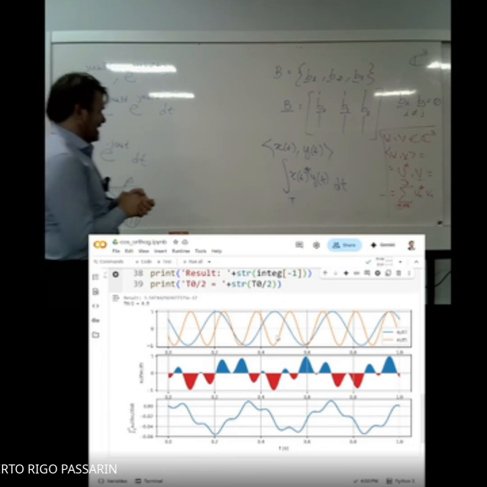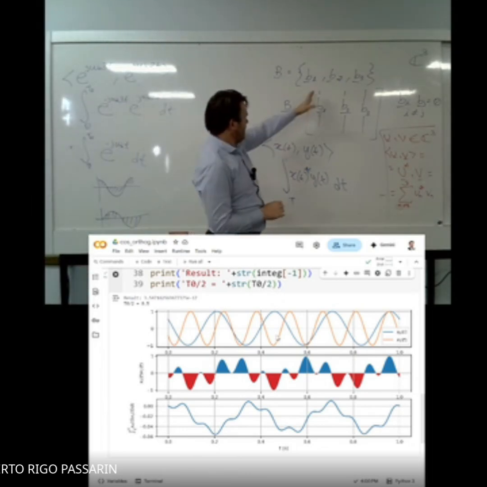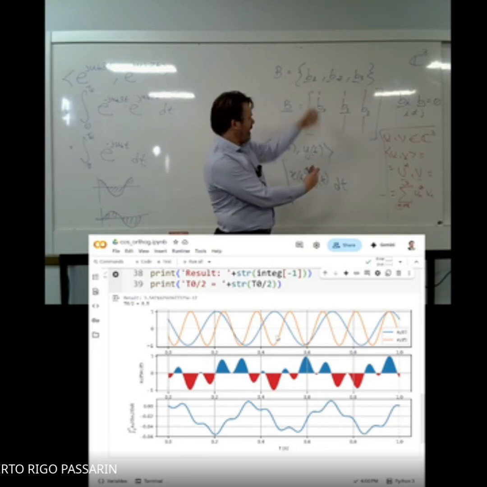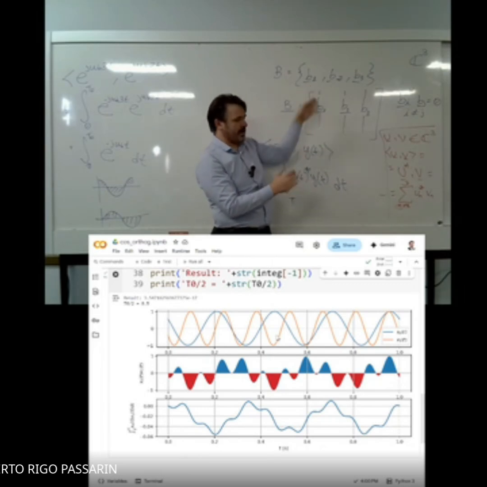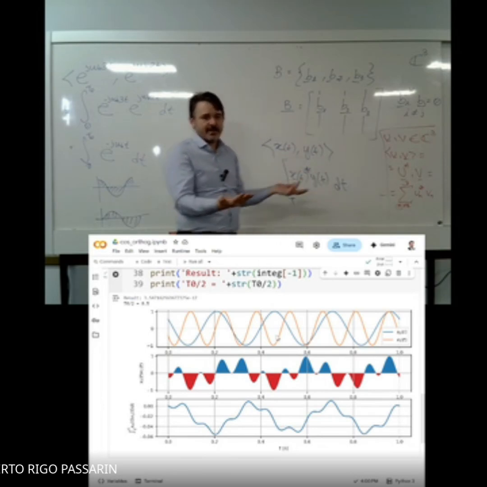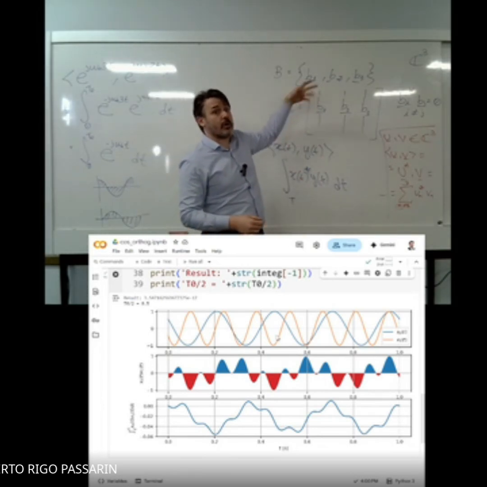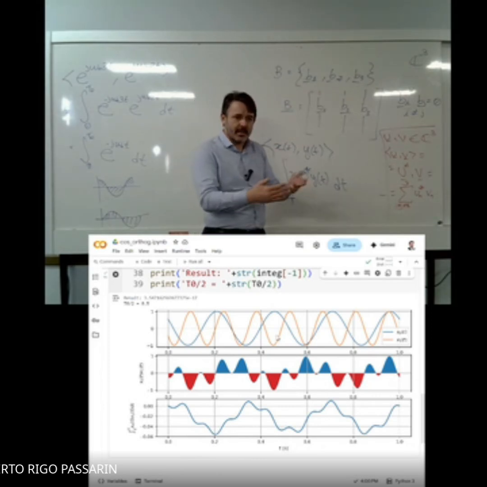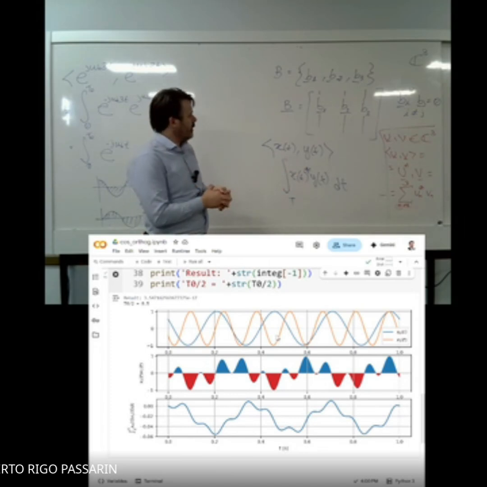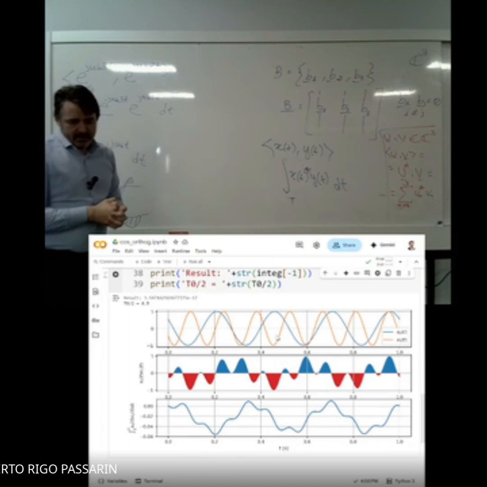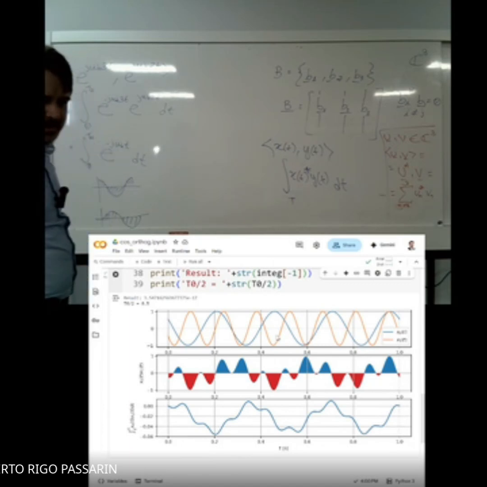And that's right, because if I do the inner product of a vector of the basis with itself, I should get something different from 0. If it is an orthonormal basis, I should get 1. If it is not normal, it's just orthogonal, I get something different from 1. So you can play with this as you like.